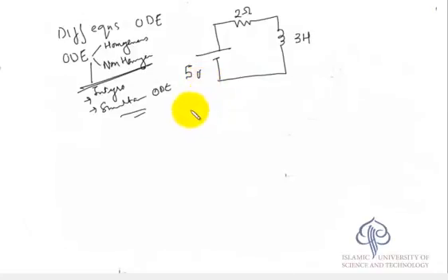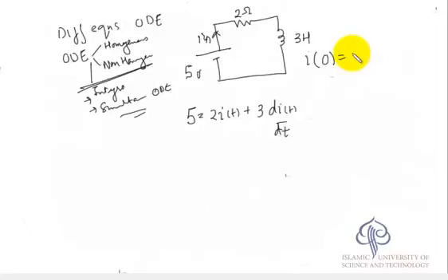So you can write 5 is equal to 2i, where this is the current i(t), plus 3 di/dt. And suppose you're given the initial condition that i(0) is 0, or to be more precise, i(0+) is 0.